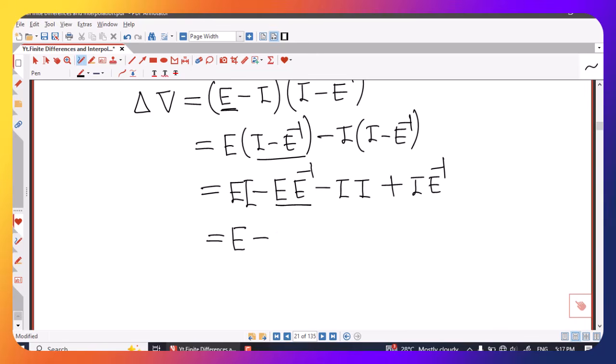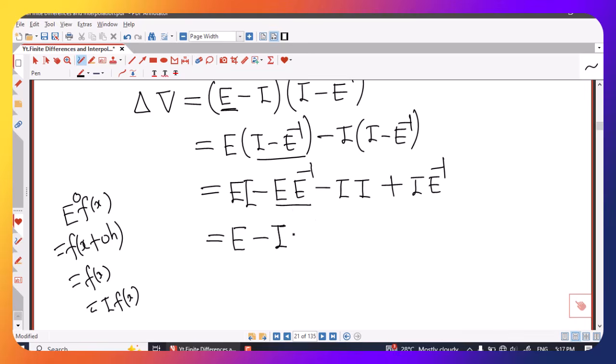e into e raised to minus 1, that is going to be e to the power 0, and e to the power 0 means f of x plus 0h, that is f(x), and this is nothing but I of f(x). So e to the power 0 will give us the identity operator.